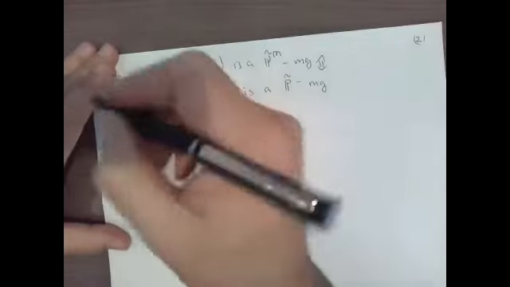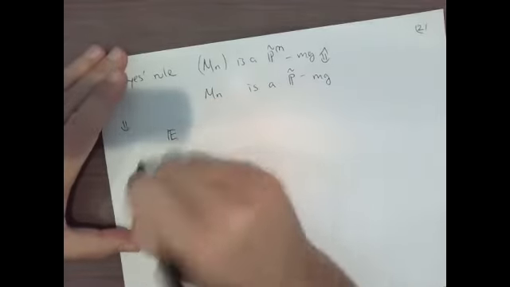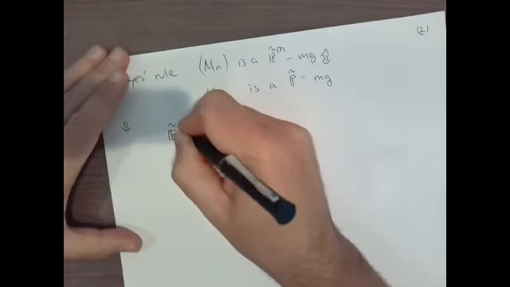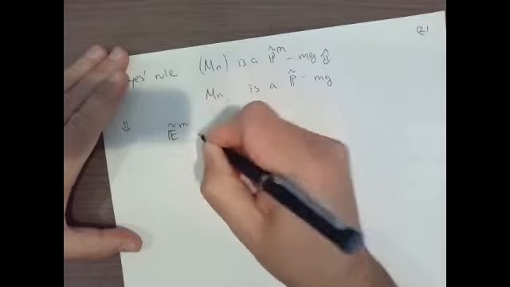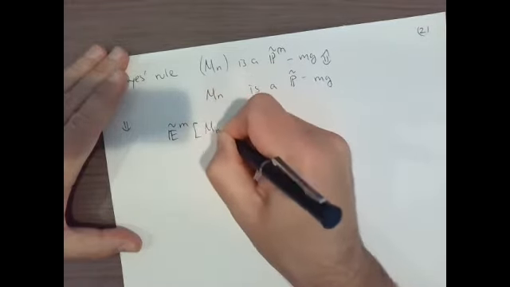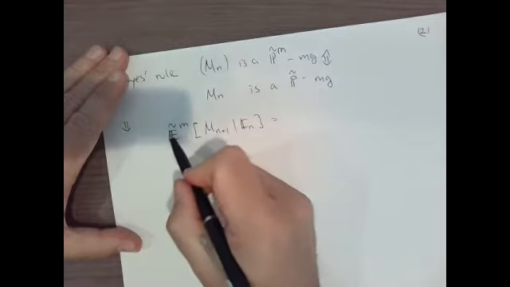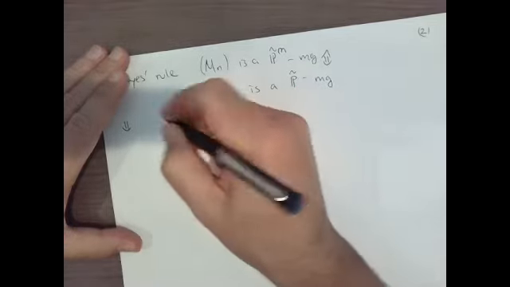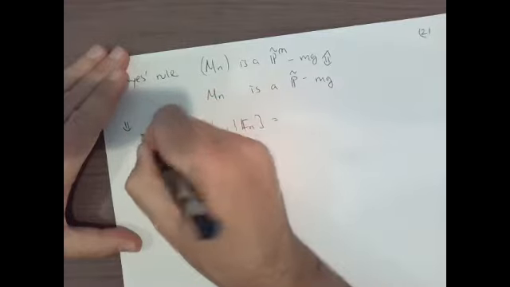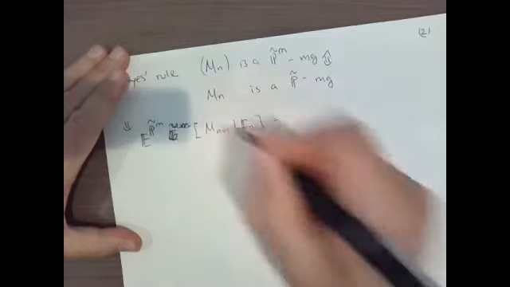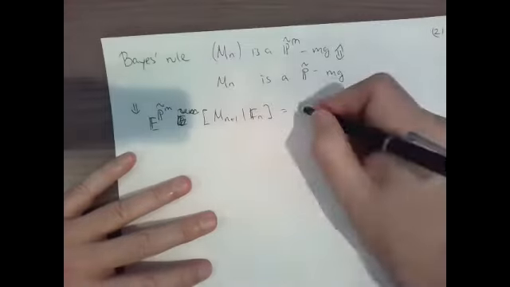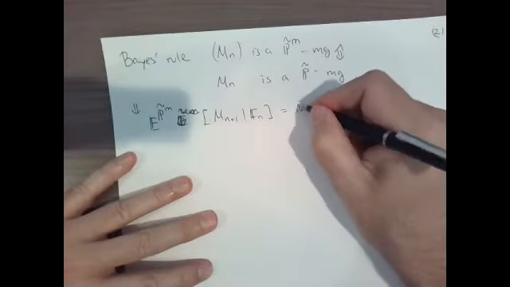if you are to go downstairs, what I know is E tilde M of Mn plus 1 given Fn. Maybe I should write it all the way out. The expectation under P tilde M, I say I have the martingale property.